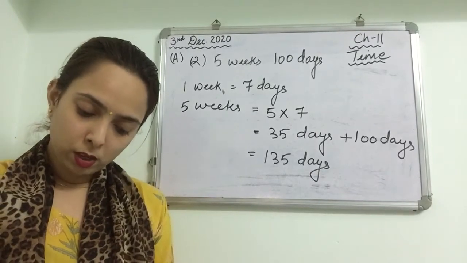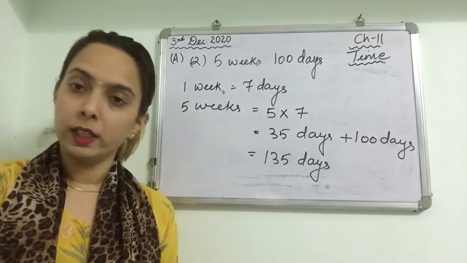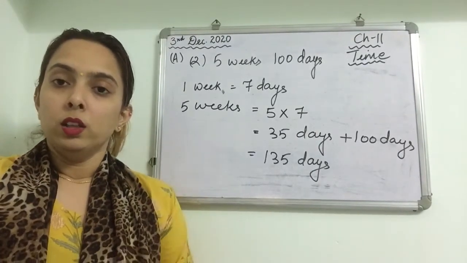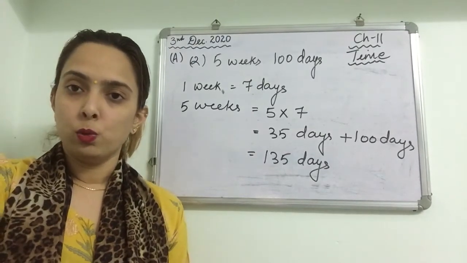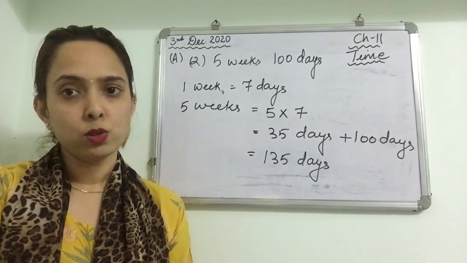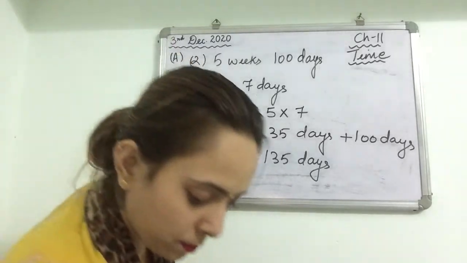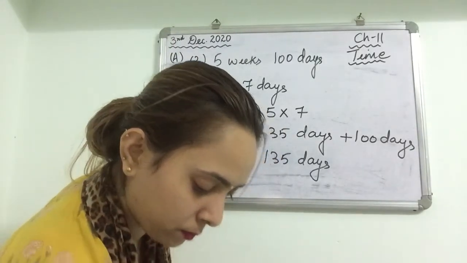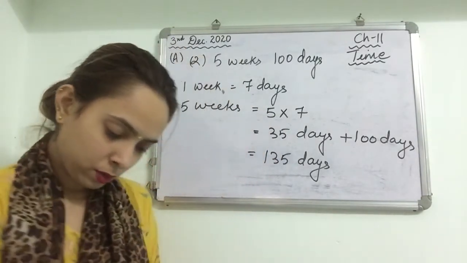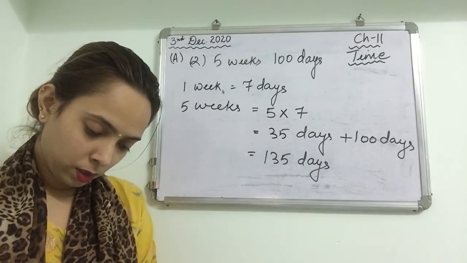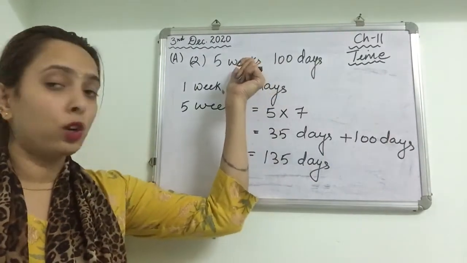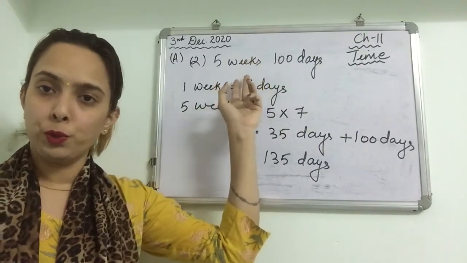So I hope these questions are now clear to all of you. The sums which I am going to give you, you are going to solve those questions. Here in your question, it was given to you was years.